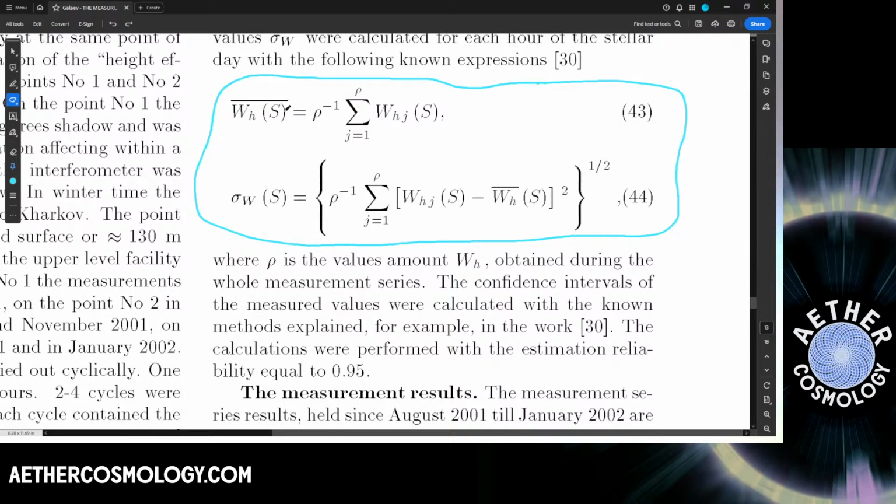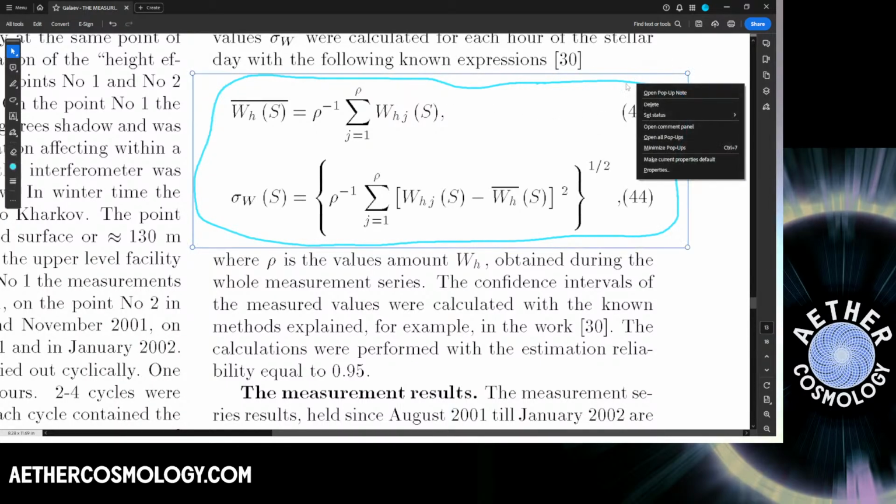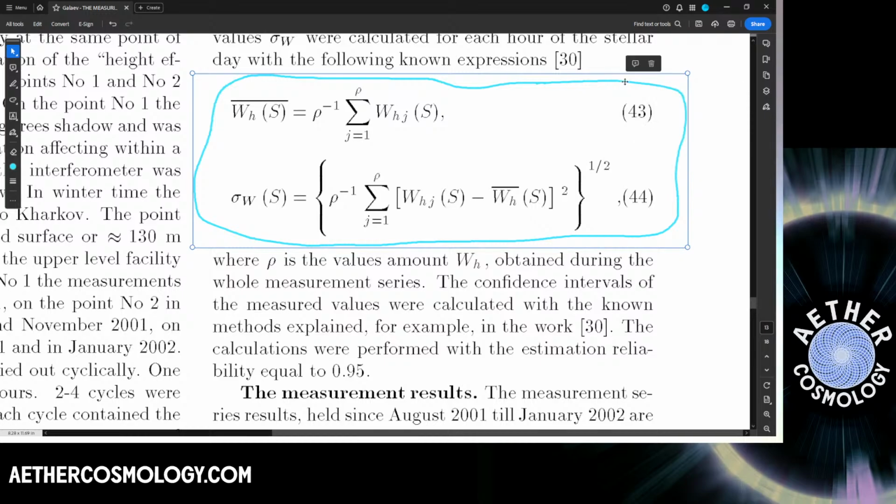Average or mean. Yeah, it's computing the average. So he's basically just doing the statistical computations to give the average over the sidereal time and then the standard deviation for that value. Nice. That's awesome, actually. Yeah, thank you, Eric.